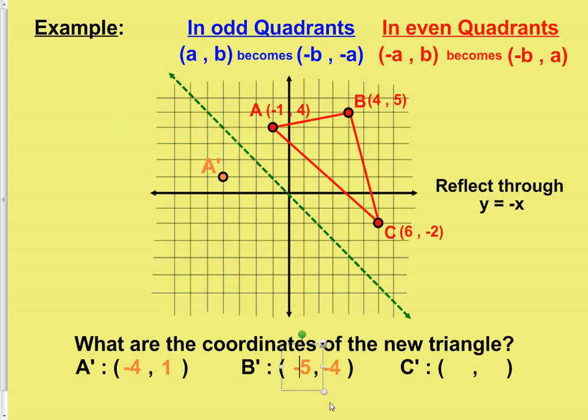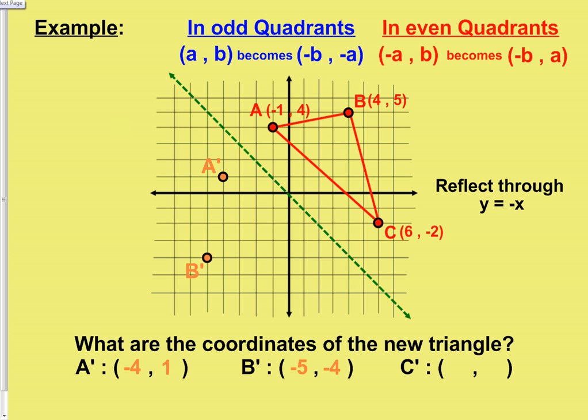Let me fix that. Should have been a -5. And we can plot it right there. I'm going to have the same typo on every single one of my sheets, so I'm changing it. So there is point B prime at -5, -4.